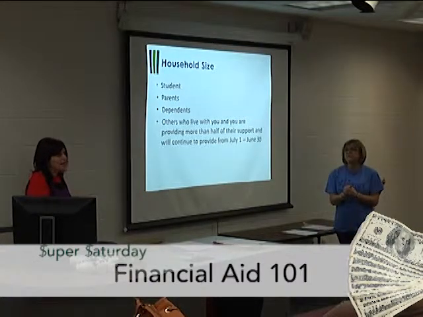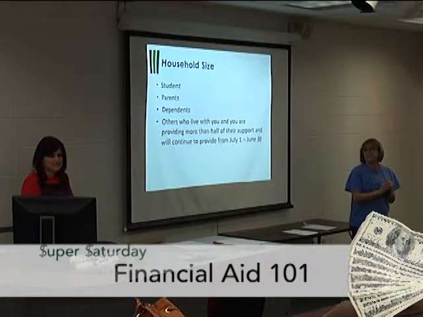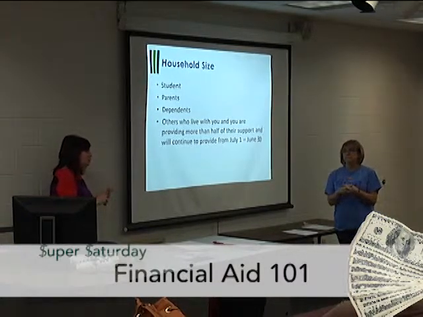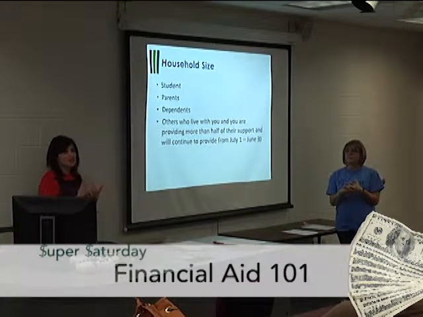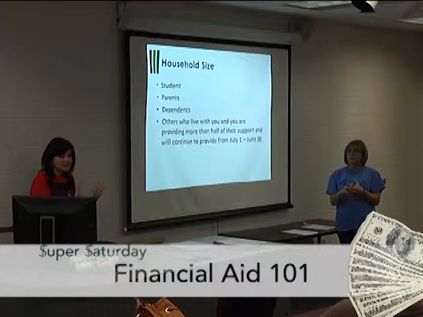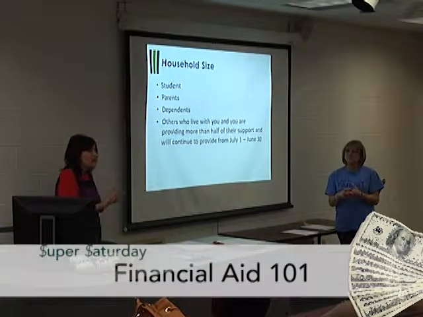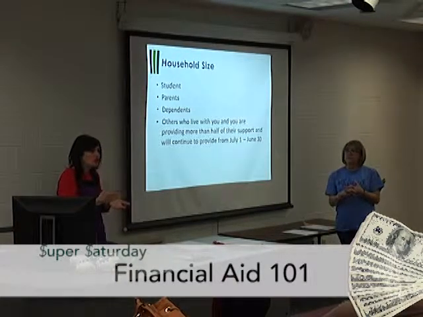When you report your household size, that's everybody that lives in your family. If you're taking care of an elderly parent and they're living in your home, that is part of your household size.